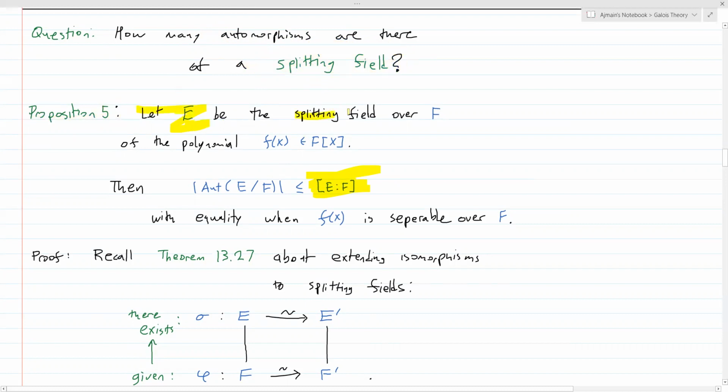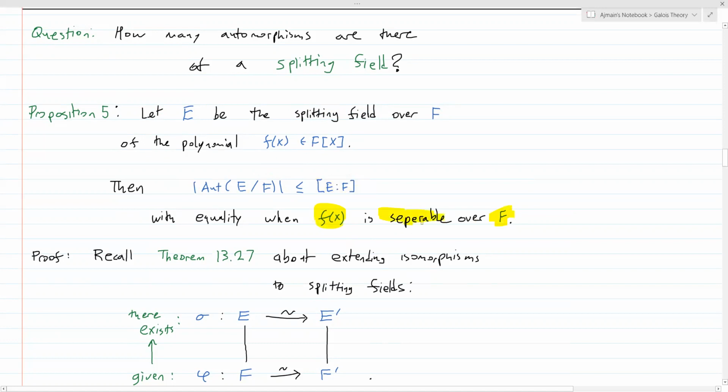Let E be the splitting field over F of the polynomial f of x with coefficients in the ground field F. Then the order of the automorphism group, i.e. the number of automorphisms there are, is bounded above by the degree of the extension, and it's actually equal when f of x is separable.